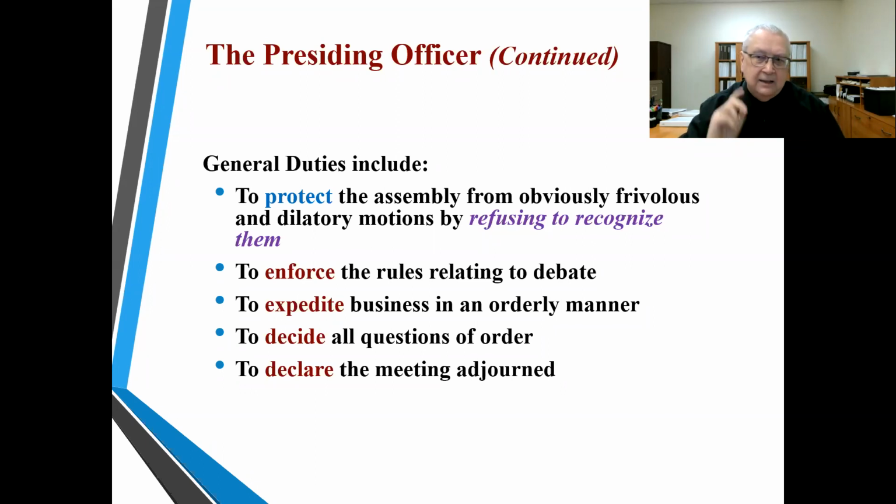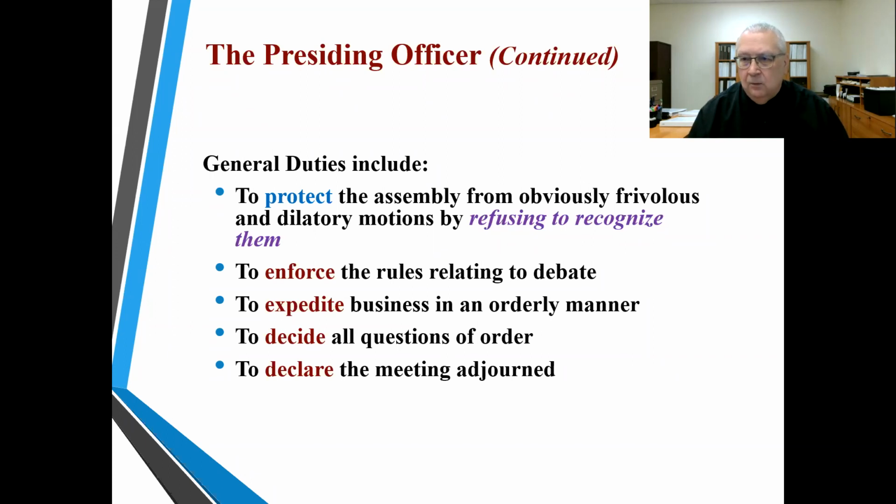But if I hear exactly the same issues, and now it's clearly just no one's listening to each other, it's just repeating the same things over and over, then the next time the positive person is asking to be recognized, I'll say, you're asking me to recognize you to speak in favor of the motion. Do you have anything new to share with us? Because previously you've spoken to the same points repeatedly.